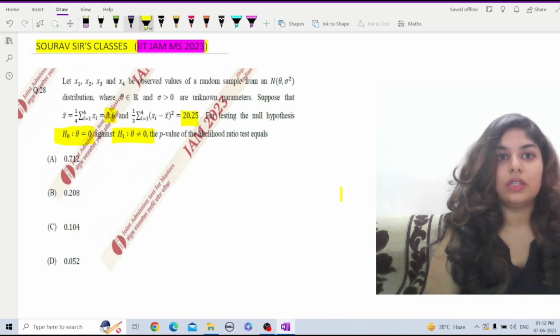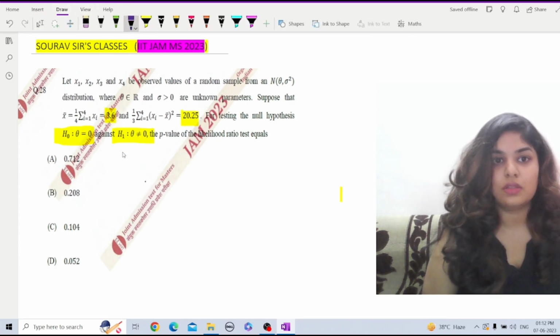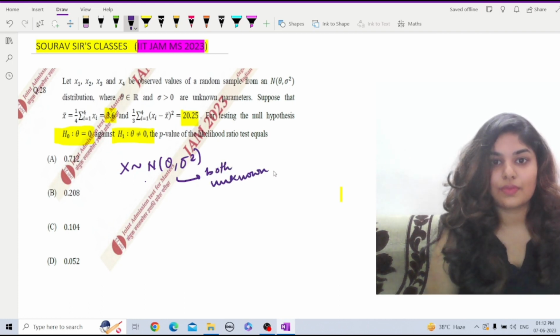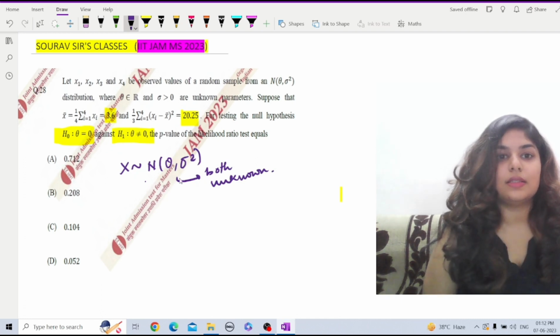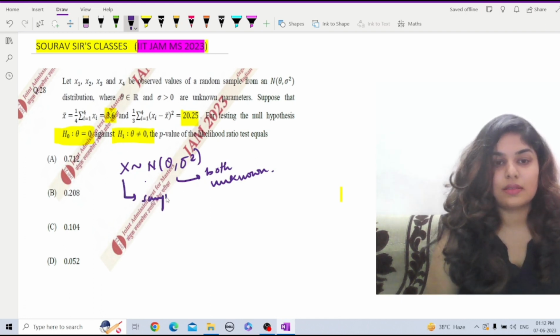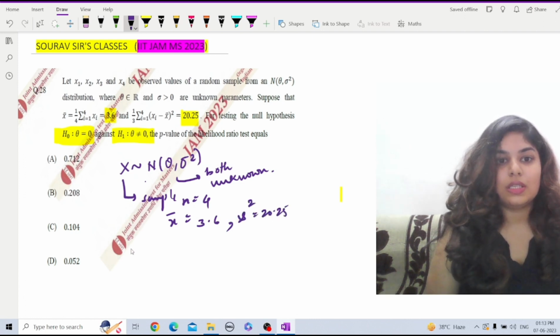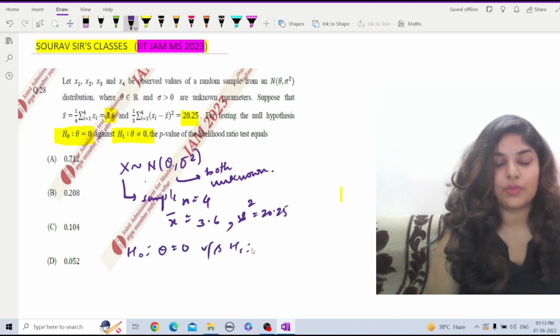So first let us write down the information that we have gathered from the question. First of all, x follows normal distribution with theta and sigma square as parameters, both unknown. Next, the sample size is 4, x bar is 3.6, and s square is 20.25. The null hypothesis is that the parameter is 0 versus the alternative hypothesis that the parameter is not equal to 0.